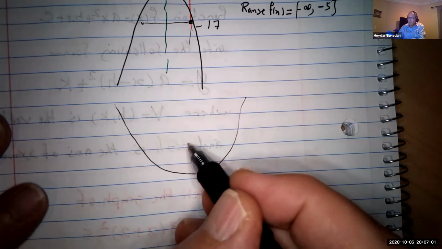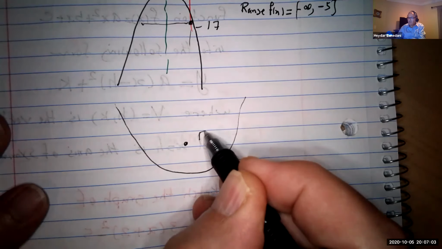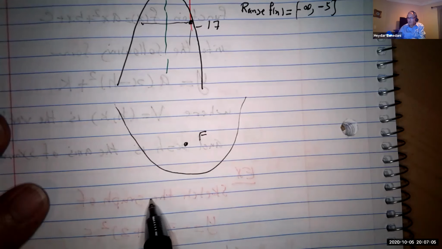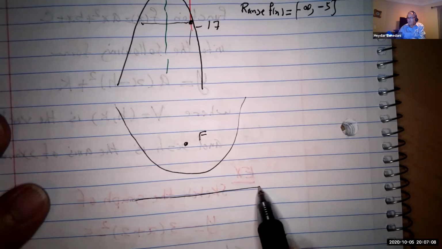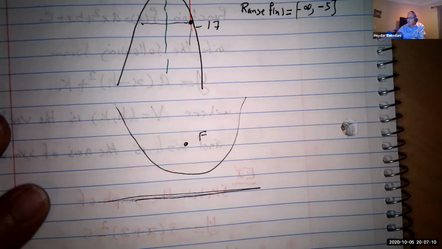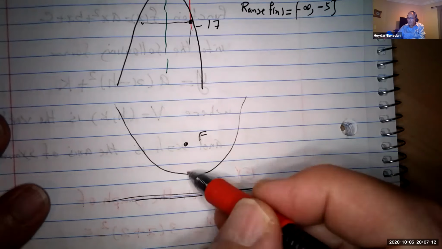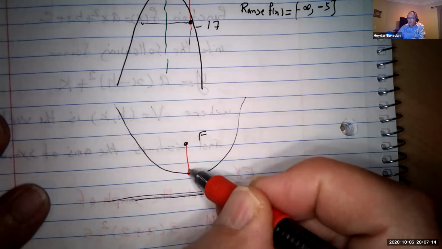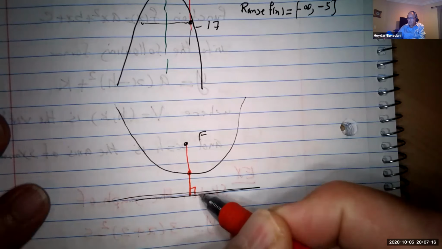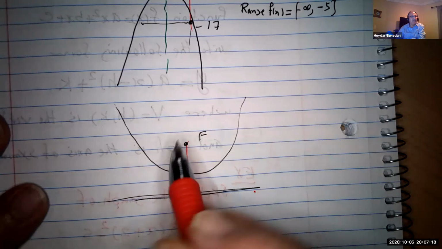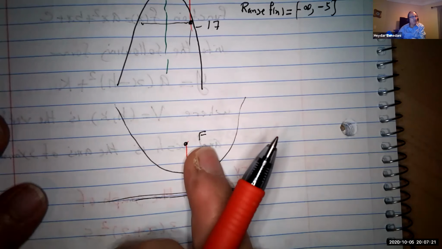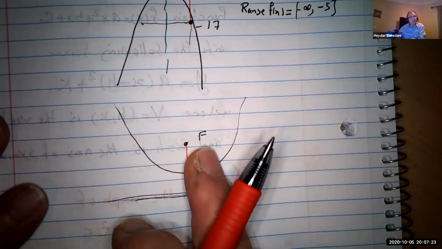You have a focal point, you call it the focus, and there's going to be a line outside. So the definition of the parabola is like the circle. It's a collection of points that are an equal distance from this line and this point inside. This point is called the focus or the focal point.